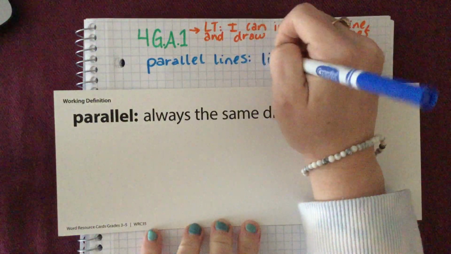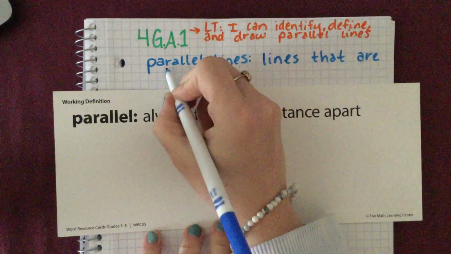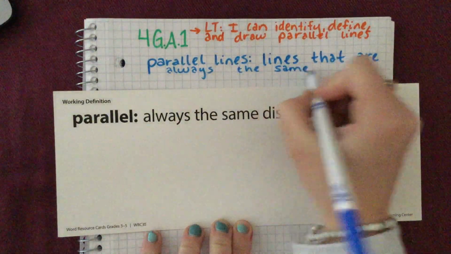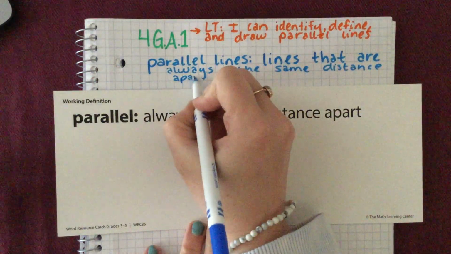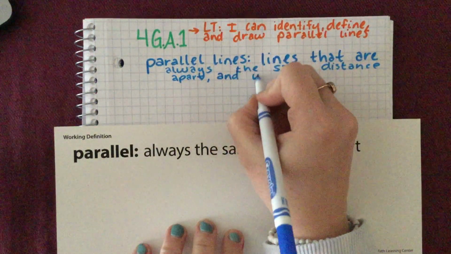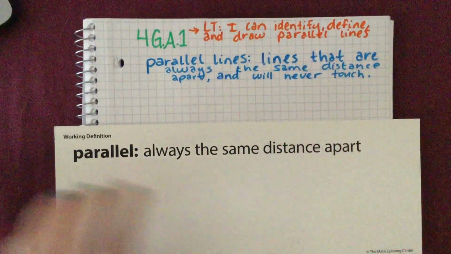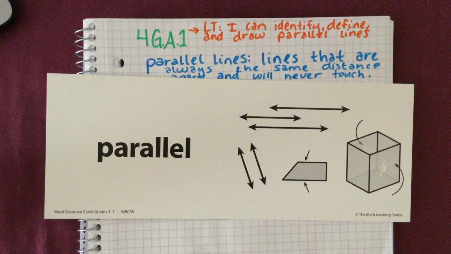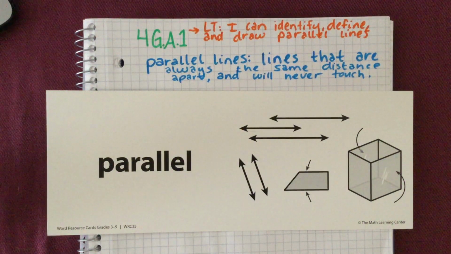So lines that are always the same distance apart, and I'm going to add and will never touch, because as you can see, these lines are going on in the same direction, but the distance that they are apart and the way that the lines are facing, they will never touch.